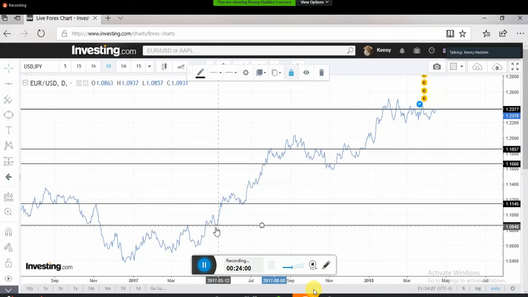And here you got a tap support, tap resistance. You got somewhat of a gap right here, which would probably be some wicks right there. But mainly, I look at the taps. I like the taps because it's pretty good.